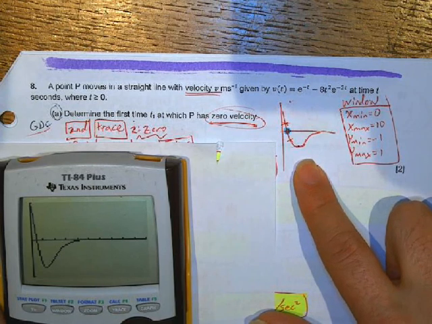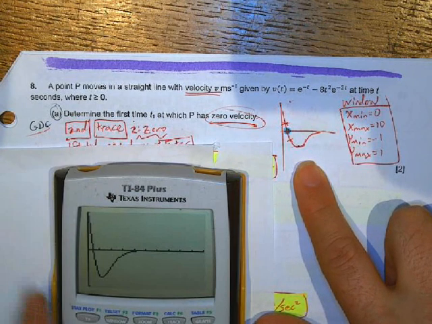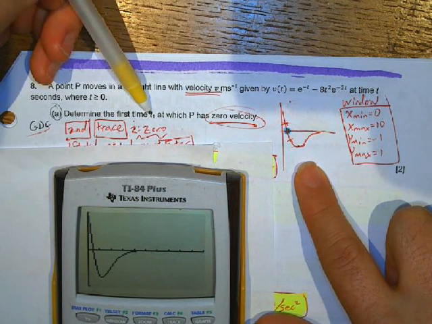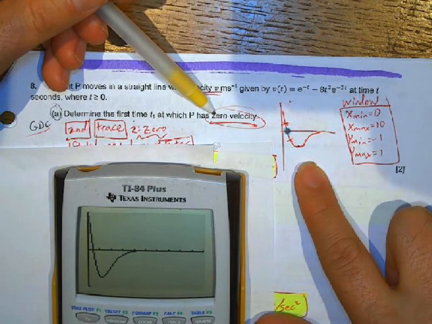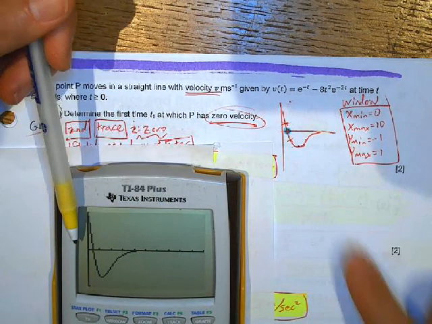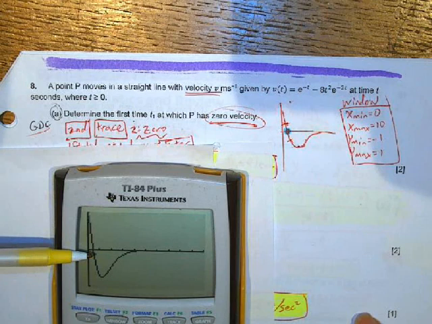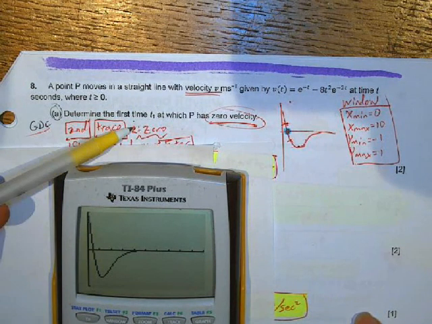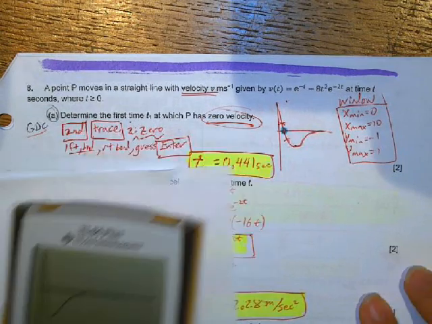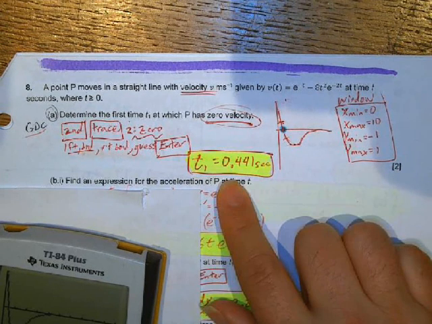We're trying to determine the first time that the velocity hits 0. And this is the graph of the velocity. So the first time it hits 0 velocity is right there. So I'm going to have to do second trace and hit 2 for zero. And then I do the left bound, right bound thing, and then I'm going to get this value.